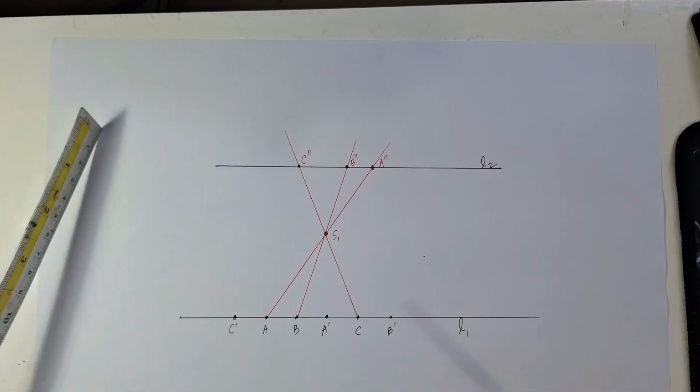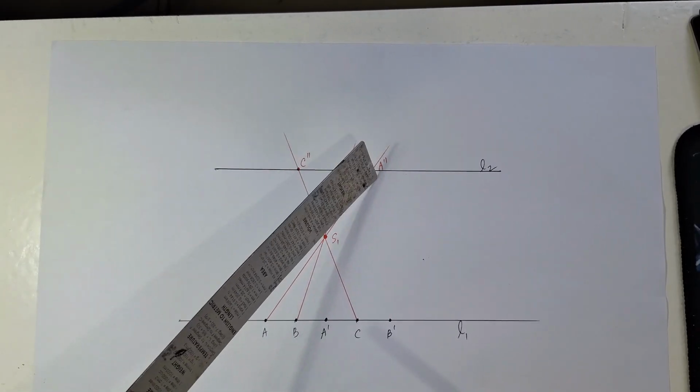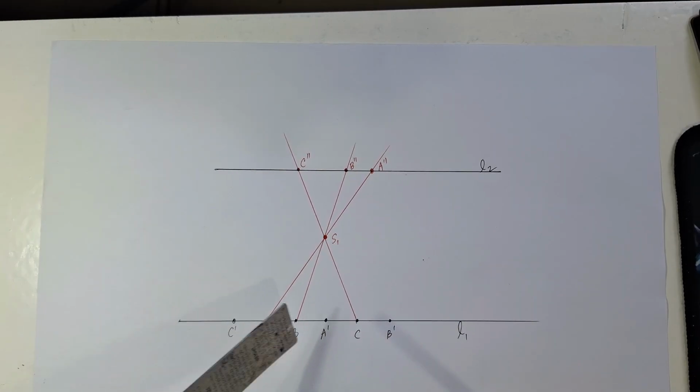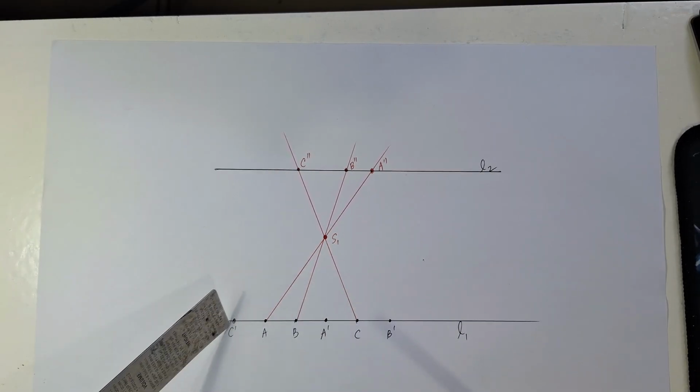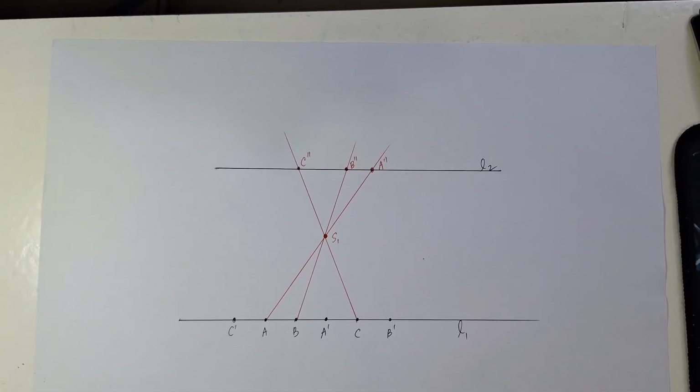And then what we're going to do is follow the steps in projecting these three points on line L2 to these points A prime, B prime, C prime on L1. We're just adding one step here.